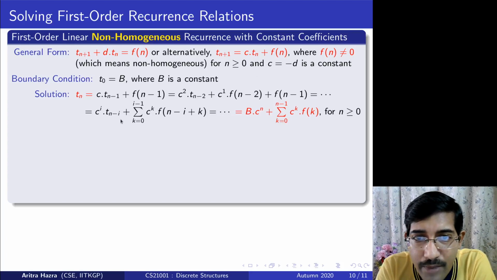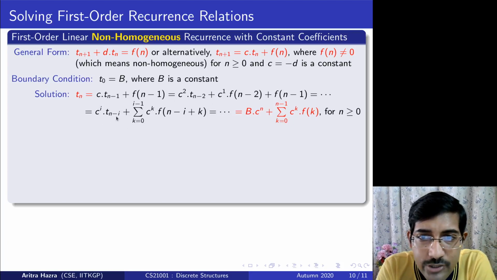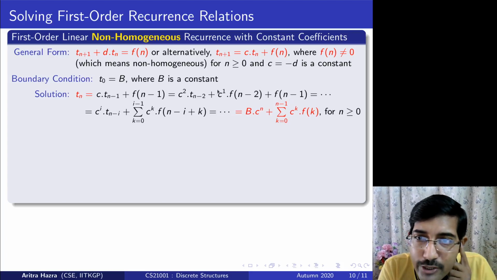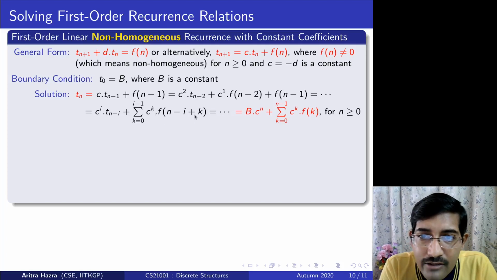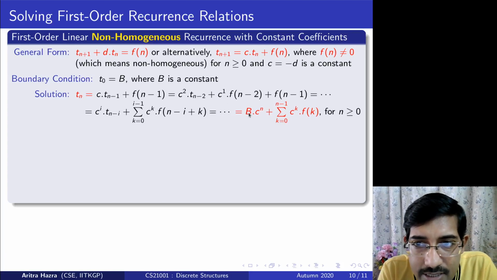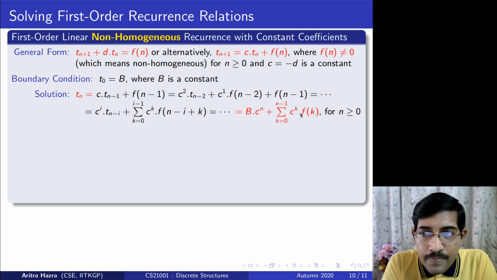Now if you expand it on pen and paper, you will get this kind of a format. Finally, c to the power i, this term, and all this F(n-1) plus c F(n-2) plus c square F(n-3). You can see that this is c to the power k F(n-i+k), this term. So finally when you go till the base, that is T0, it will be T0 c to the power n, so b c to the power n. This form is finally when you go till n is this one.